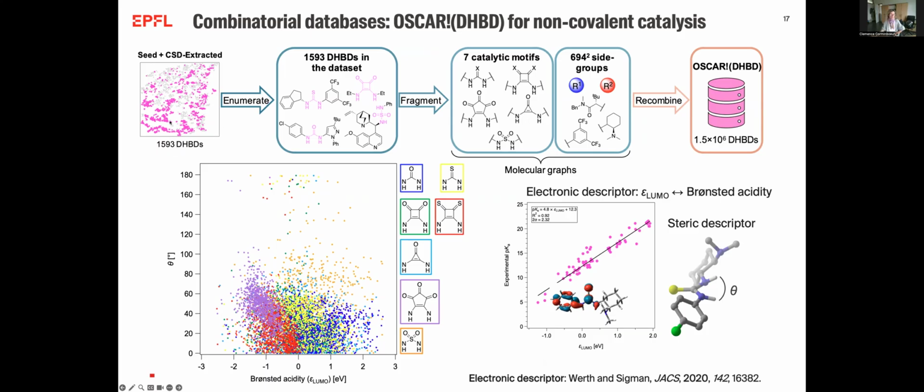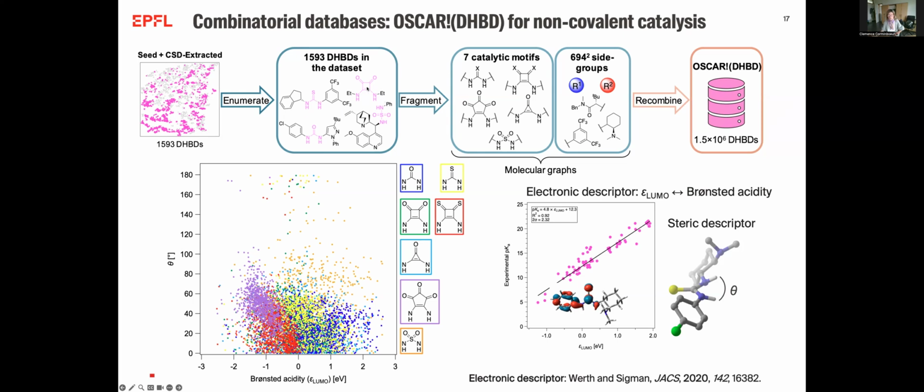Here we extracted about 1,500 structures from the CSD database. This time, using molecular graphs, we identified the motifs of these dual hydrogen bond catalytically active fragments.